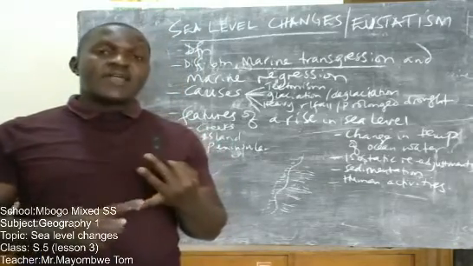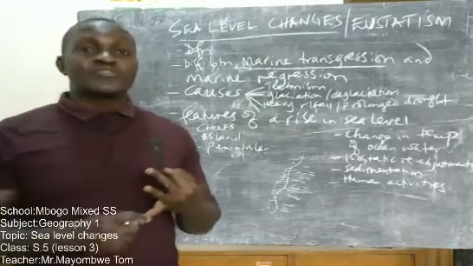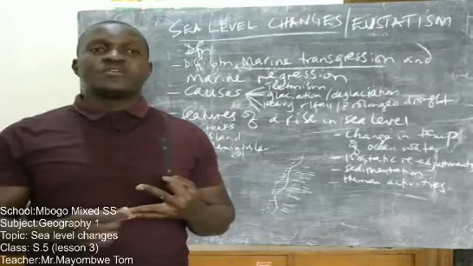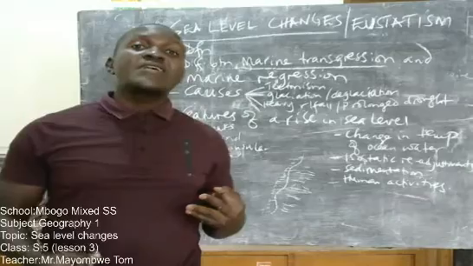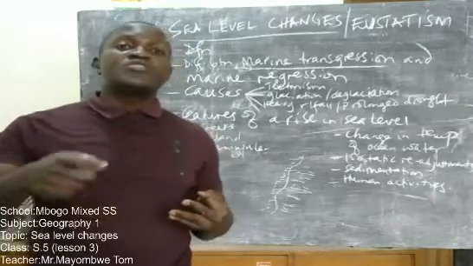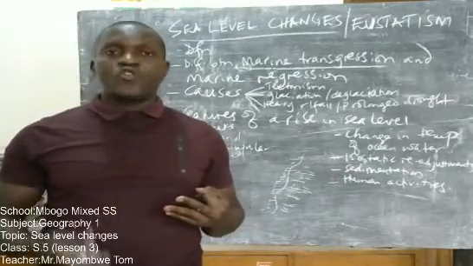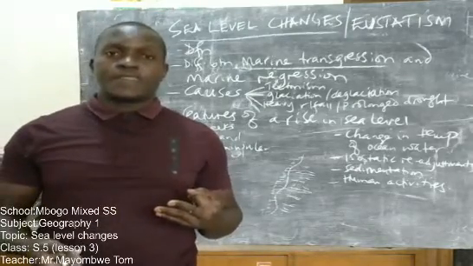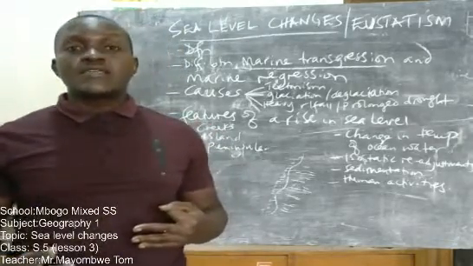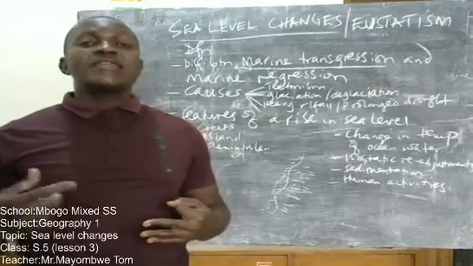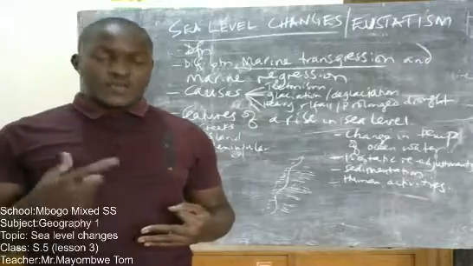Tell us that marine transgression refers to the submergence of coastal features. Marine transgression is caused by a rise in the sea level, which is also known as positive eustatism or positive sea level changes. Marine transgression is associated with features like peninsulas, islands, lagoons, estuaries, creeks, among others.